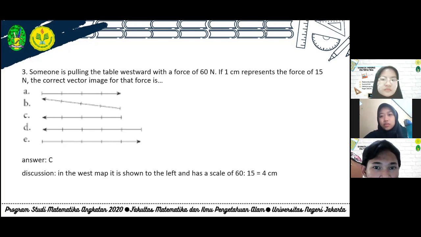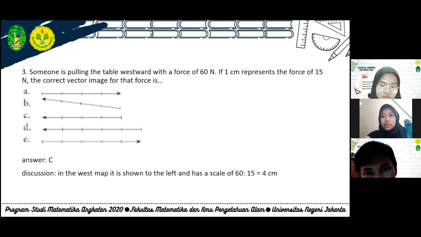What do we say, grid? 60 divided by 15 equals 4. So you make 1, 2, 3, 4 grids for the vector.